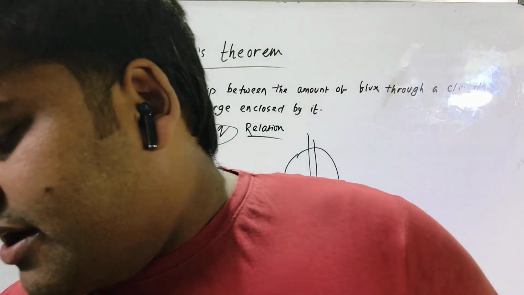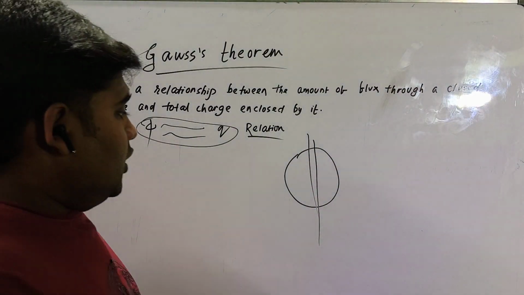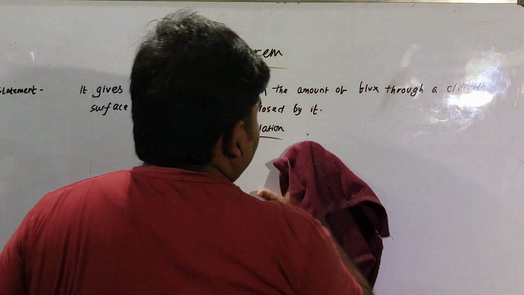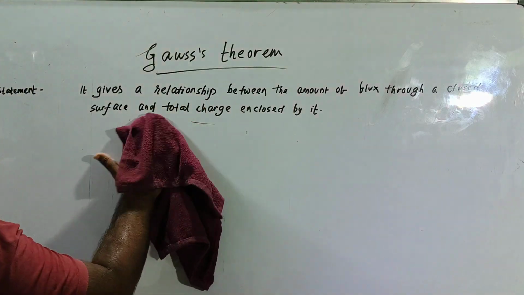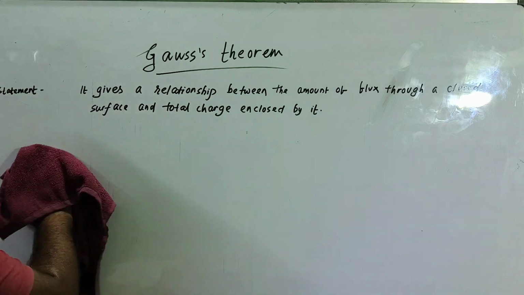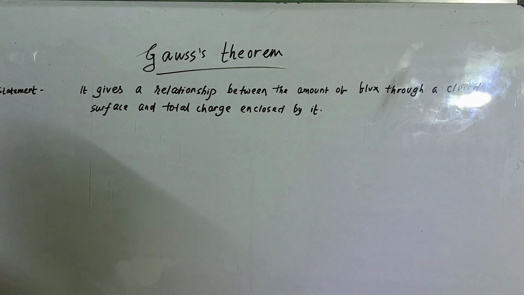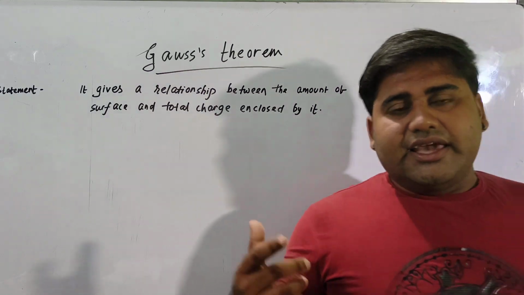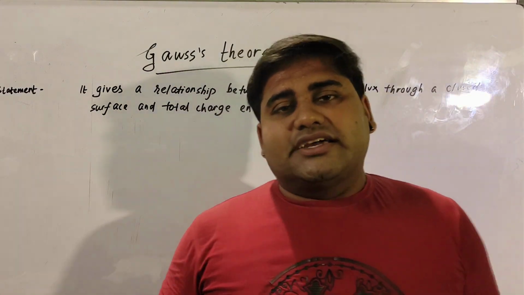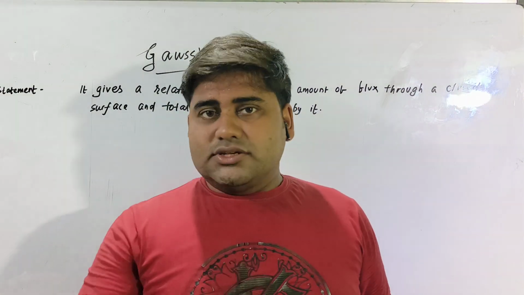Okay, this was what our statement was. We are actually going to prove it. This is only the statement. You can write it down. Remember that it is only a relation between the flux passing through a closed surface and the total amount of charge enclosed by that closed surface only.